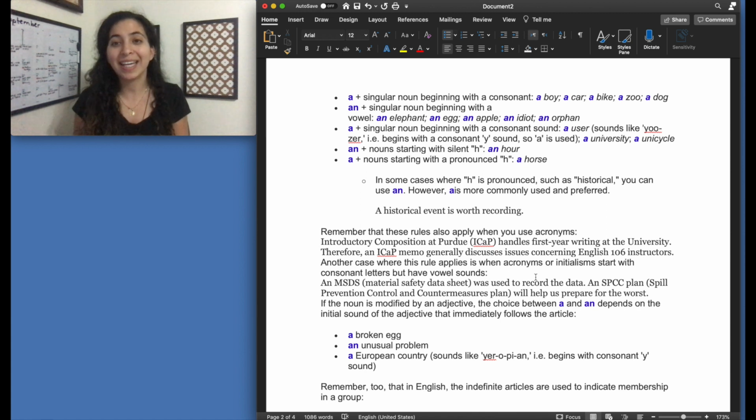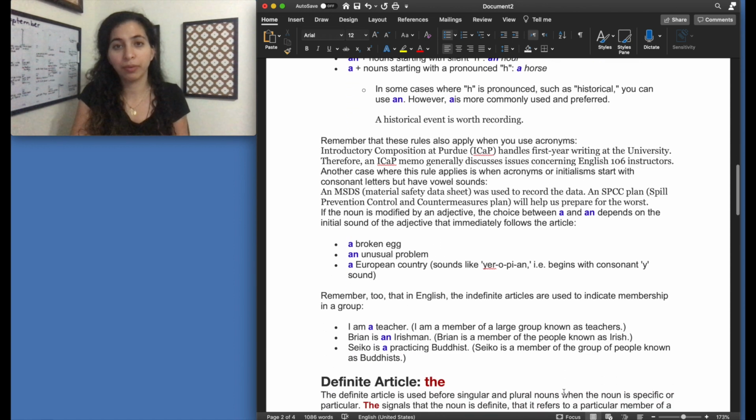However, A is more commonly used and preferred, okay? Which you really don't have to worry about. But for the most part, if we don't pronounce the H, then we use an. If we pronounce the H, then we use a. If there's a vowel, odds are you're going to be using an. If there's a vowel that doesn't sound like a vowel, like university, which sounds like Y-O-O, like we said earlier, then you use a. Okay? So that's that.